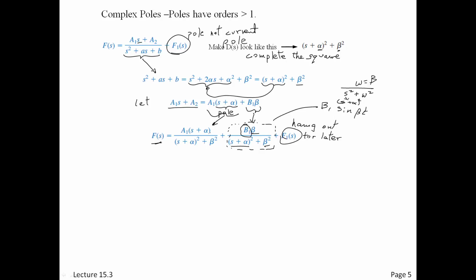Let's go back over here and kind of anticipate what's happening. Here we've got (s plus alpha) squared. Oh boy, this looks like some form of s over s squared plus omega squared. Wow, and that's looking like a cosine, right? Cosine of omega t. So it's going to be in the same genre as this. And indeed, that's what all this stuff is going to give.